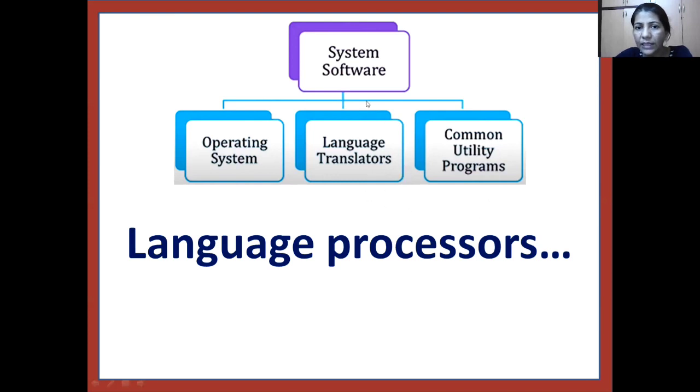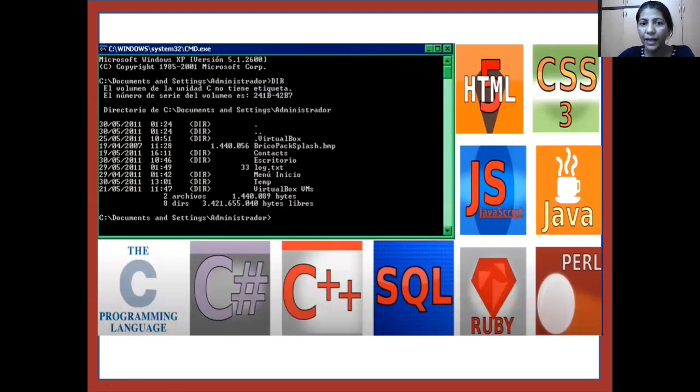Now, the last type of system software is the language translator. It has an important role in the working of the computer. Like I have explained to you, the computer is a machine. It does not understand our language.